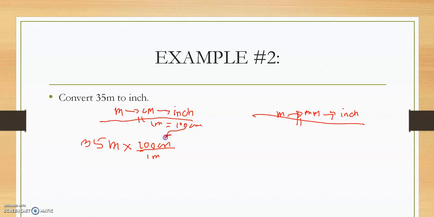Therefore, meter is being eliminated, and cm remains. The next, 100 cm, we have 2.54 cm equivalent to 1 inch. Therefore, inch is being attained here, so inch remains to eliminate cm.